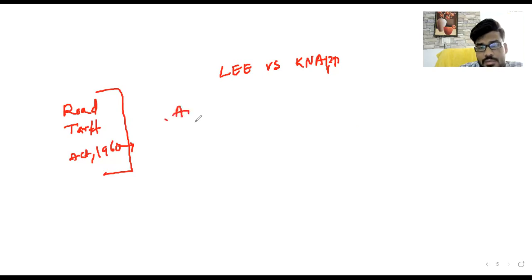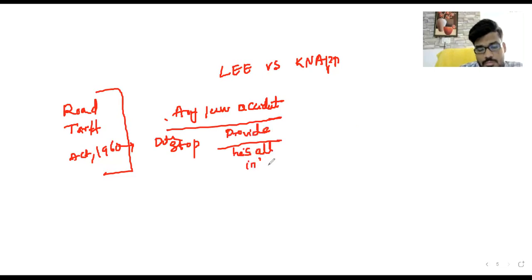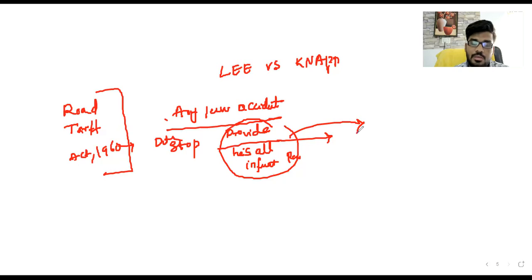Whenever any person is involved in an accident, at that point of situation, he has a duty to stop and he must provide all information and particulars. The accident is made by a party. At that point, the person stops and provides all information to the other person.